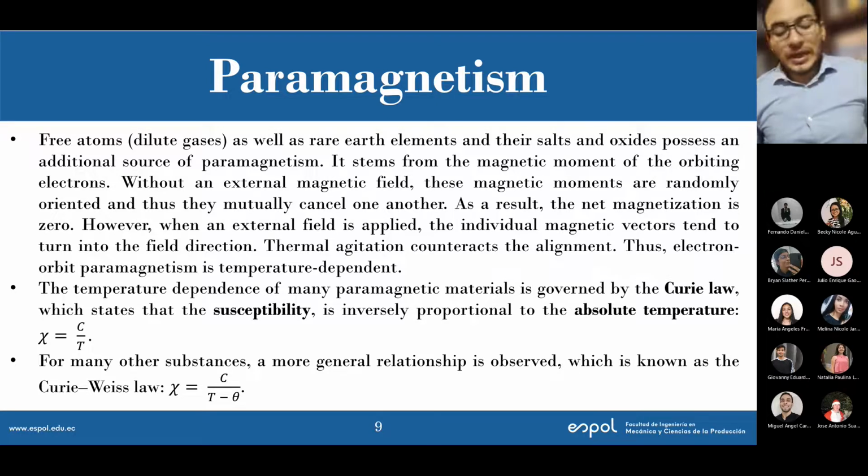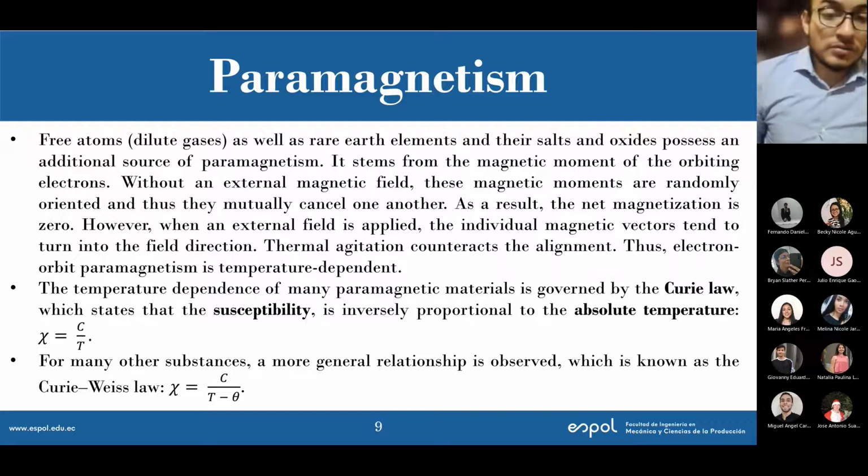Now, how can I represent that temperature dependency of paramagnetic materials? Well, it's governed by the Curie law, and what the Curie law says is that the susceptibility is inversely proportional to the absolute temperature and directly proportional to the Curie constant.